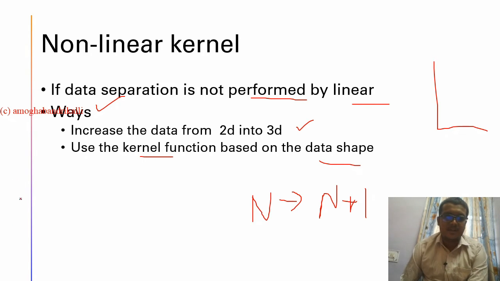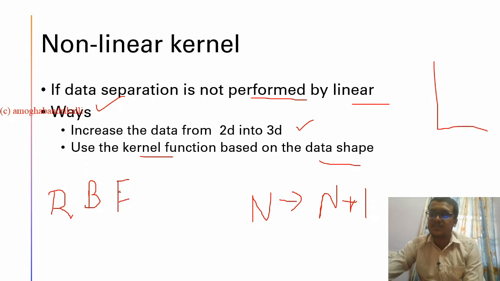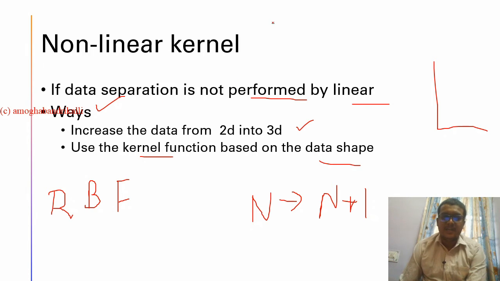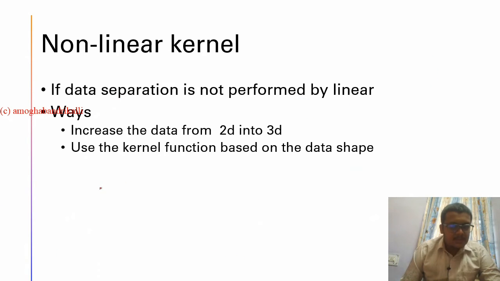So we have a kernel function called RBF. RBF actually means radial basis function. So if your data is non-linear in nature, let me just erase this. I am speaking about the radial basis function.